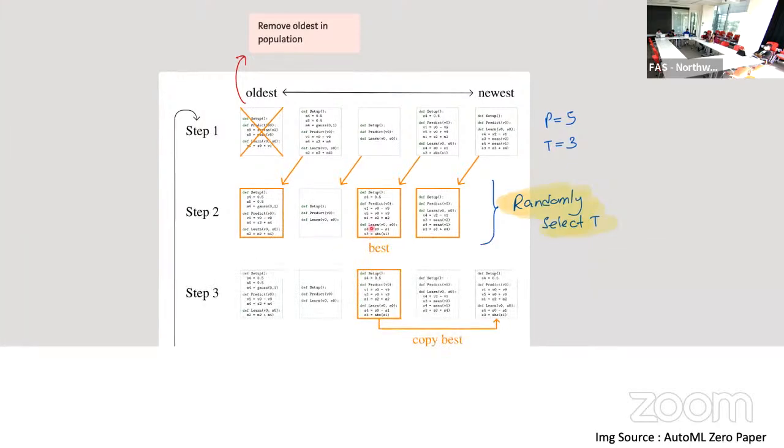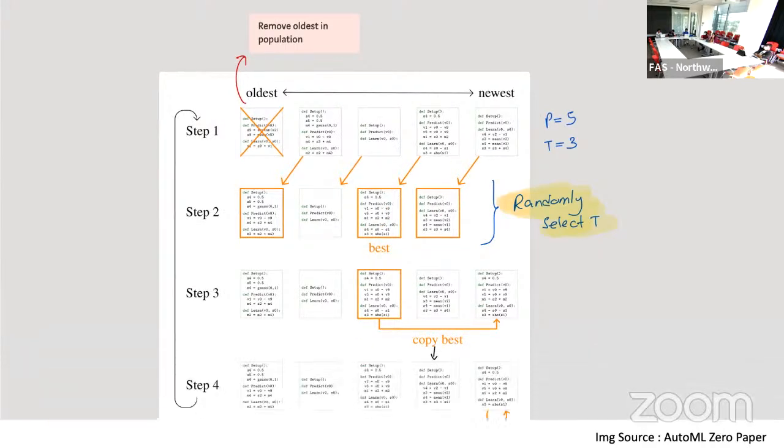After selecting the best one, we copy that algorithm and then mutate it. So we had a copy of the best algorithm, we mutate it, and we add it to the population. Now we are left with 5 algorithms again. We repeatedly do this step. This is the overall regularized evolution concept.